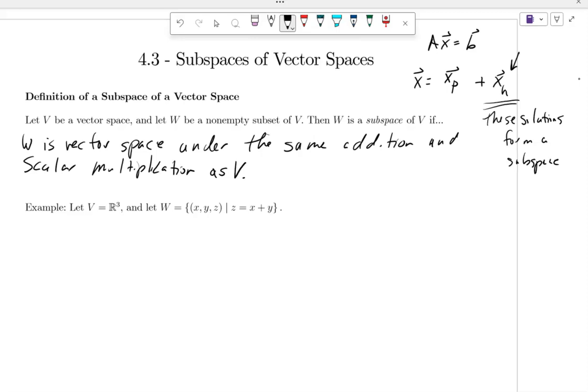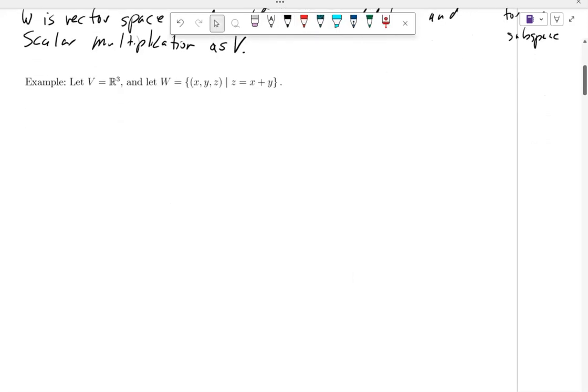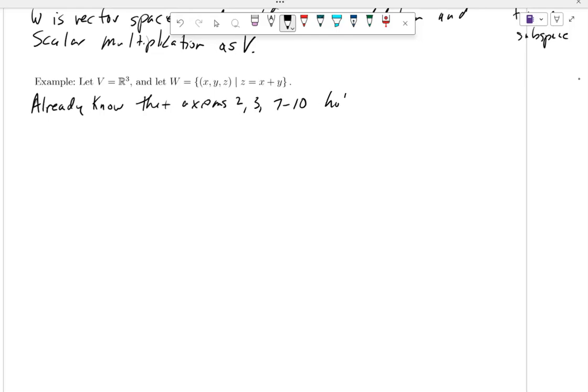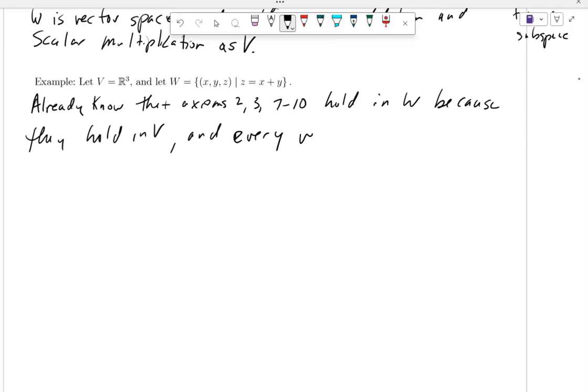So if we want to show that this really is a vector space, we already know, and I'm just going to rewrite what we wrote last time, that axioms 2, 3, and 7 through 10 hold in W because they hold in V, and every vector in W is a vector in V, where V in this case is our R3.